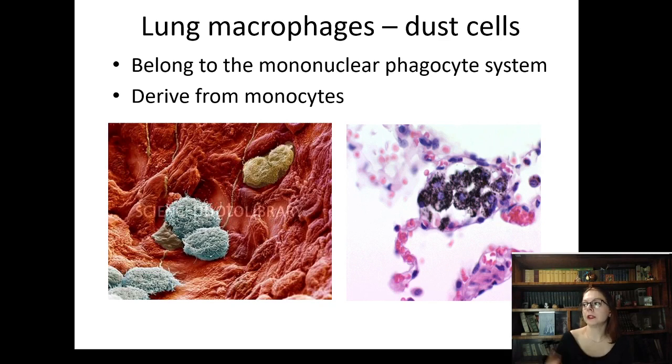But if the air is very polluted, if there is too much dust or too many particles, they might reach even alveoli, and macrophages monitor and provide surveillance. Sometimes they are also called dust cells because if they are full of dust particles, they might stay in the lung and reside here for a relatively long period of time.